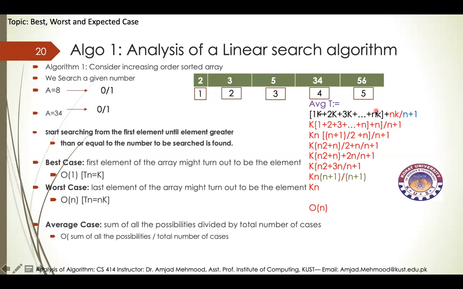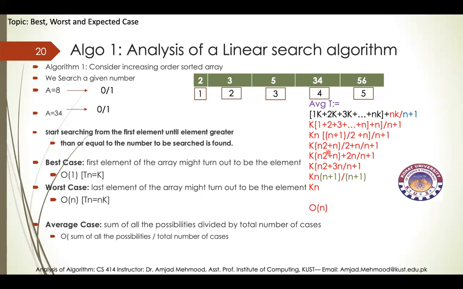If you take n and take out k as common, this will be k times (1 plus 2 plus 3 plus up to n, and then n) divided by n plus 1. And if you see this, 1 plus 2 plus 3 up to n is an arithmetic progression, which we can solve as n times (n plus 1) divided by 2. So this is n multiplied by (n plus 1) divided by 2, plus n, divided by n plus 1.